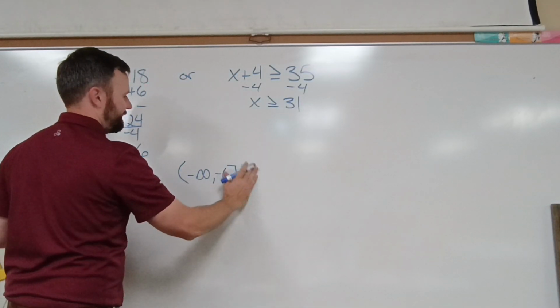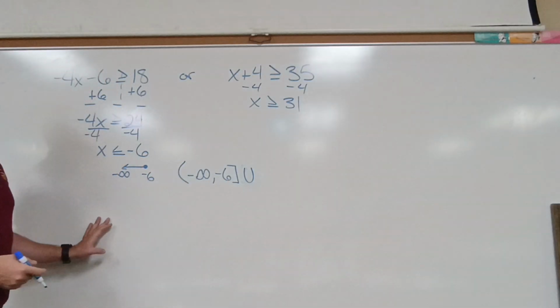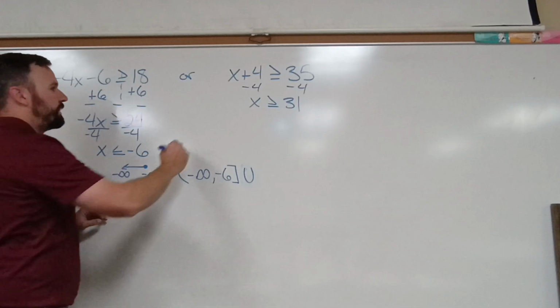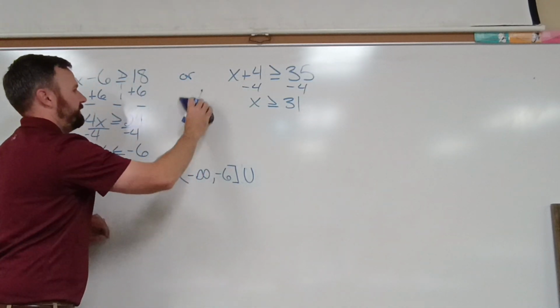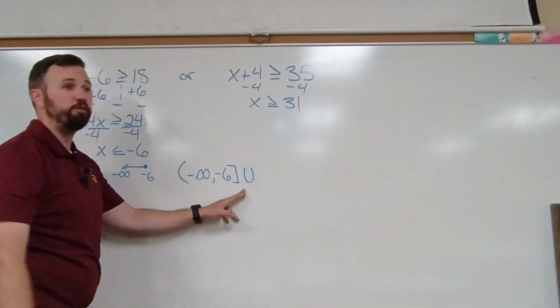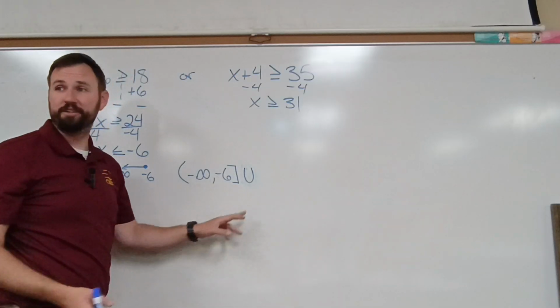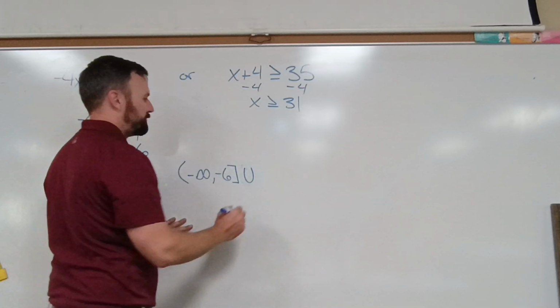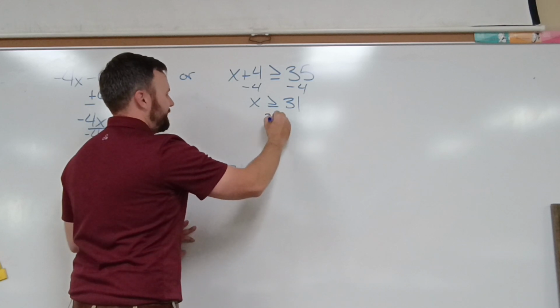That's or. You'll never have to use and in here, but that's and because it makes an A. That's or because it looks like a canoe, and you need an or for a canoe.